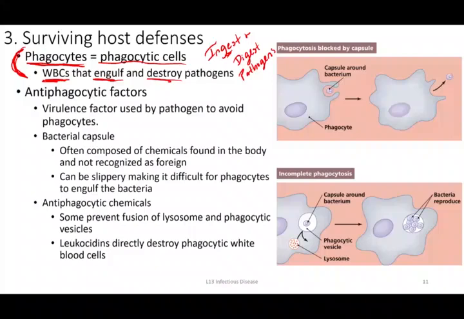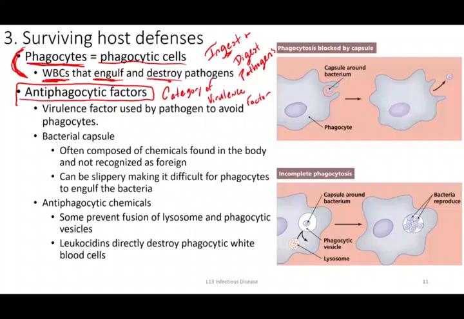But different microorganisms have found ways of disrupting this process to avoid this really critical immune function. And so these are then classified as anti-phagocytic factors. And this too is another category of virulence factor.